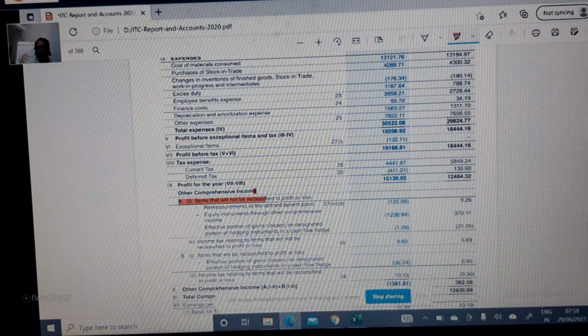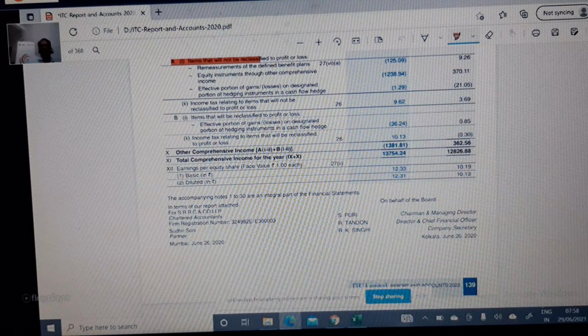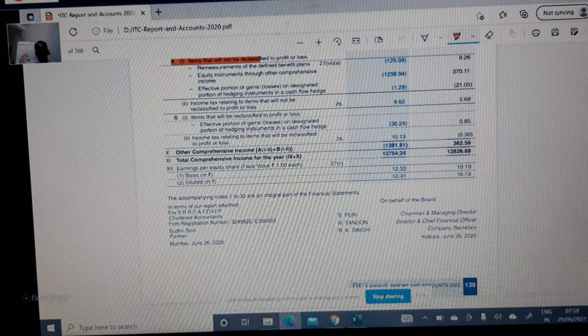Can you see this particular item? Other comprehensive income, total comprehensive income. Then they say earnings per share, that is linked to the P&L.